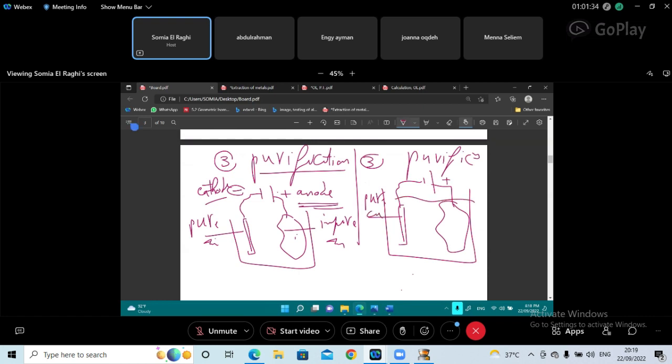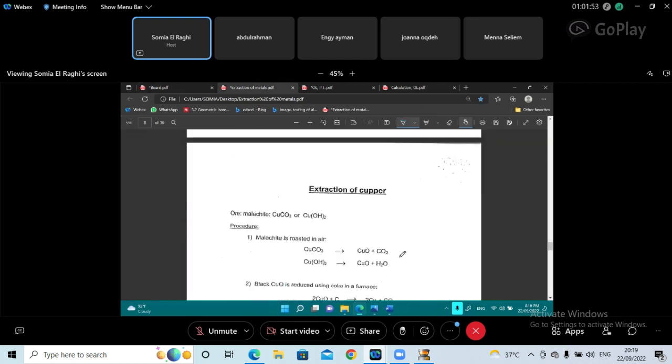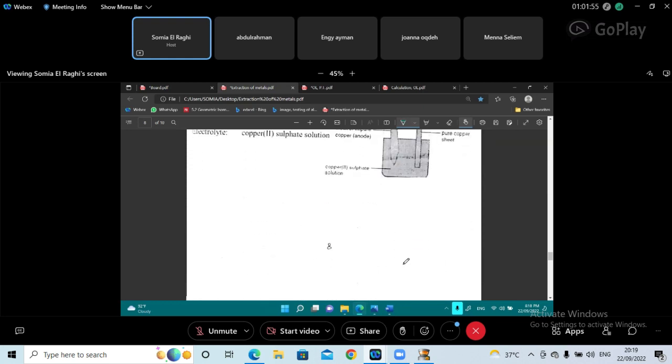What I quoted here, I cover it with electrolyte. It is any metal nitrate or sulfate. Also, this I will explain when we do electrolysis. Okay. What will happen in this process? I have here a diagram. After a while, we will see what?